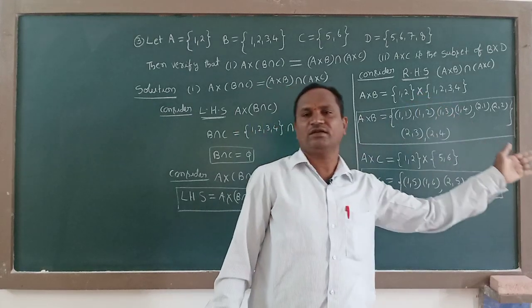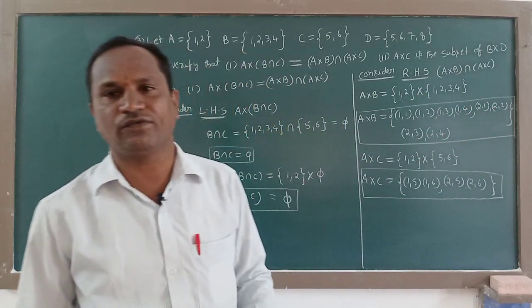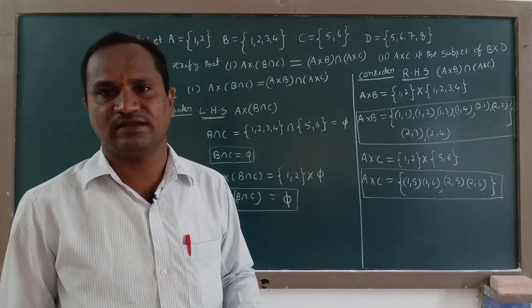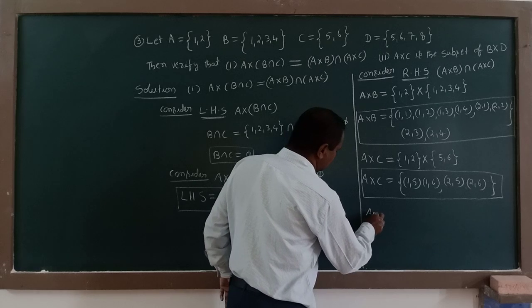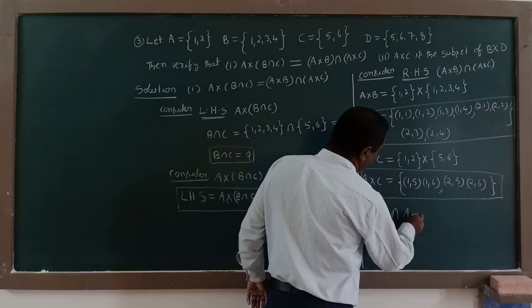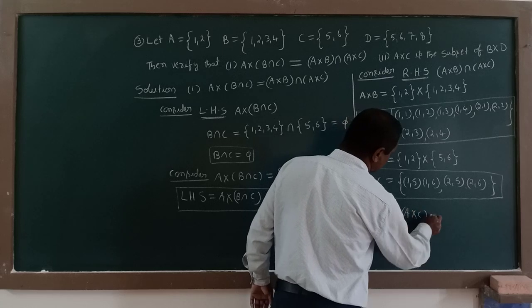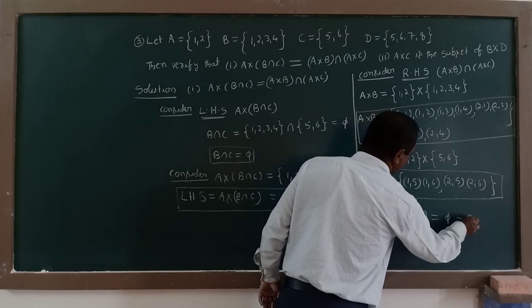The remaining elements of A cross B are also not present in the Cartesian product of A and C, that is in A cross C. That's why we can easily write A cross B intersection A cross C is equal to the null set. It is the RHS part.